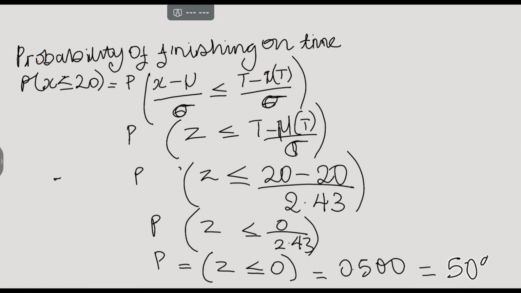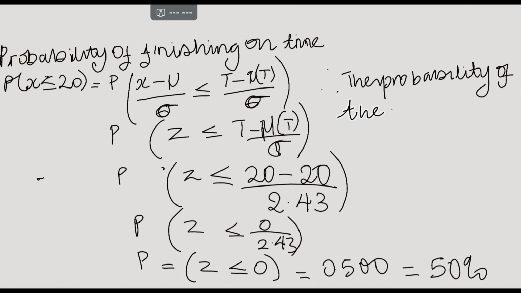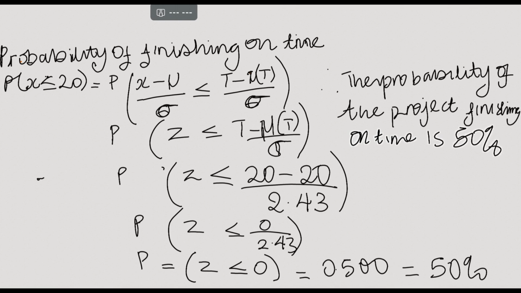So when you're answering the question, you write: the probability of the project finishing on time is 50%.